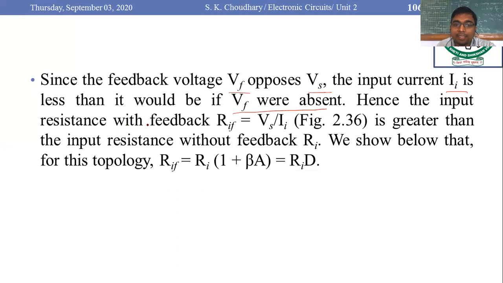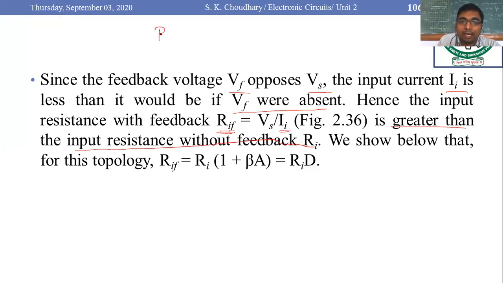Hence, the resistance with feedback, as per Ohm's law, R is V upon I. So RIF, the resistance after applying feedback, is equal to applied voltage VS upon input current II. As II is lesser compared to the case without feedback, the overall effect is that your input resistance with feedback would be greater than the input resistance without feedback, that is Ri.